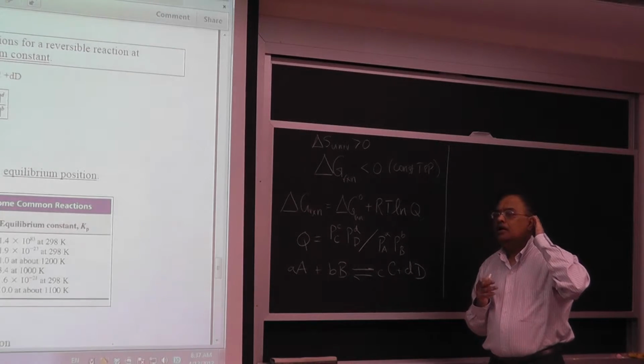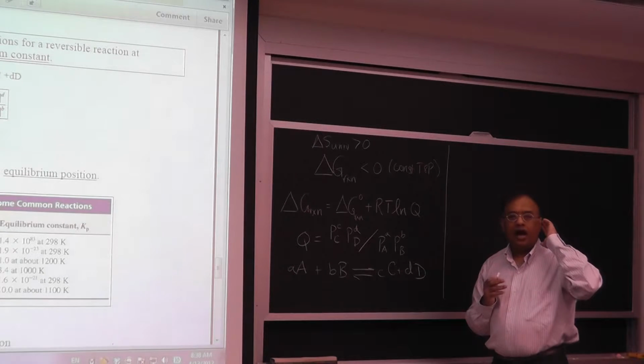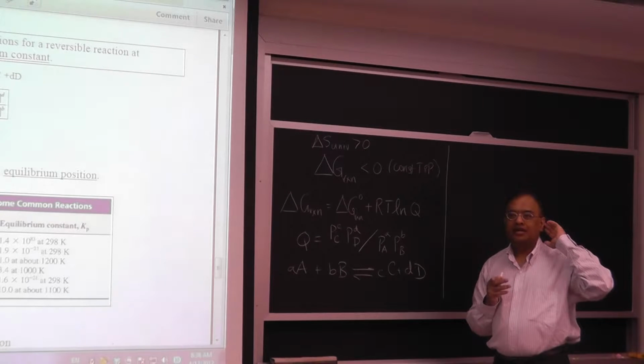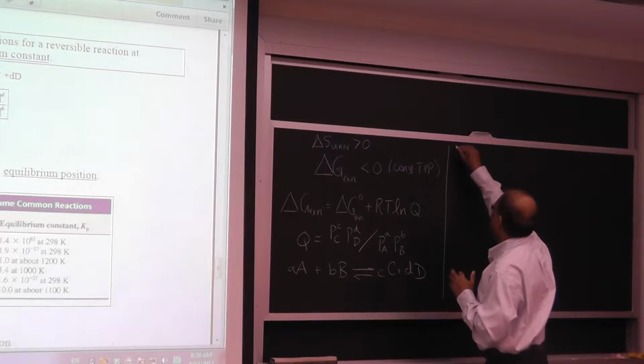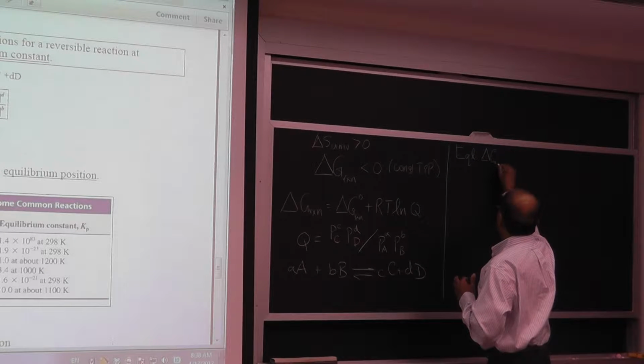Marina? It's a constant, right? That when Q becomes K, but how does Q become K? Under equilibrium condition, what happens? It equals 0. What equals 0? Delta G reaction is equal to 0.